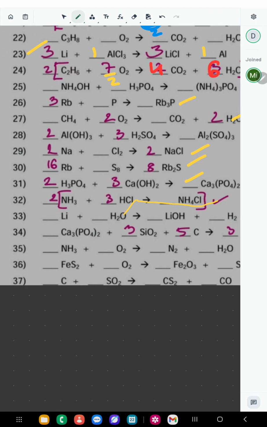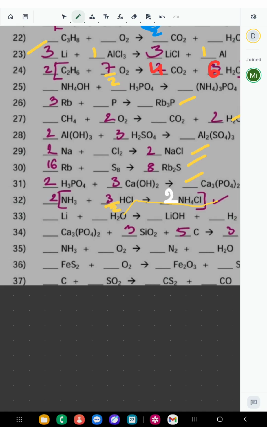And then, oh no, what happened to 32? I think it's the same. It should be 3 over 2. So it'll be 2 NH3, 3 HCl, and 2 NH4Cl. This is 32, right?